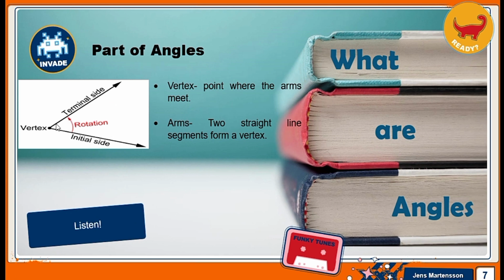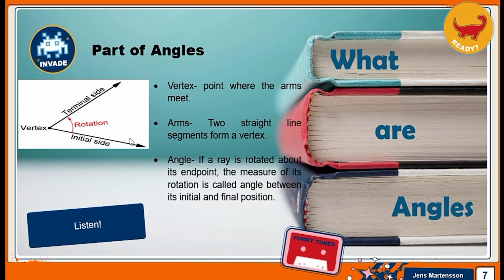It can be called the terminal side or initial side. And the angle: if a ray is rotated, this one in a red arrow, about its endpoint, the measure of its rotation is called the angle. Do you get it? The measure of its rotation is called the angle between its initial and final position.